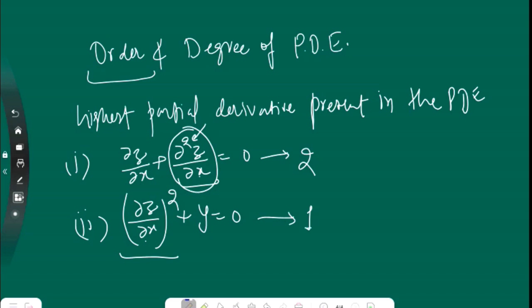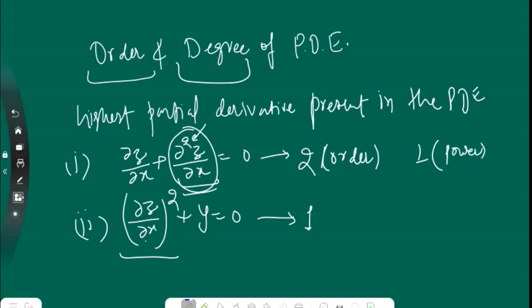Now the degree. The degree of a PDE is the power of the highest order derivative in the PDE. So here the highest order derivative is this, and the power of this is 1. So this is the order, and the power will be 1.